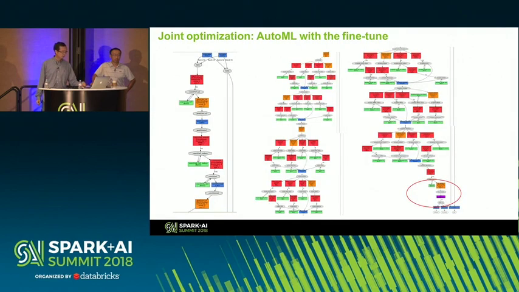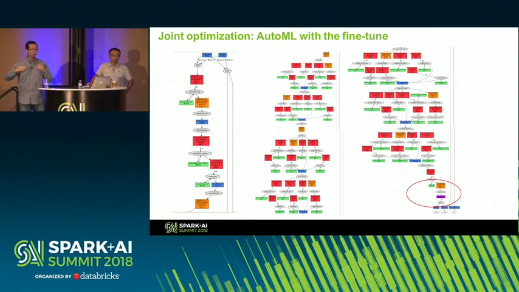Let's see how to use AutoML with transfer learning. Here we can see this is a GoogLeNet. To do AutoML with transfer learning, we can reuse the inception part and just tune the last stage of the neural network and the hyperparameters. By tuning this part of the neural network, we can adapt the network to the data set.